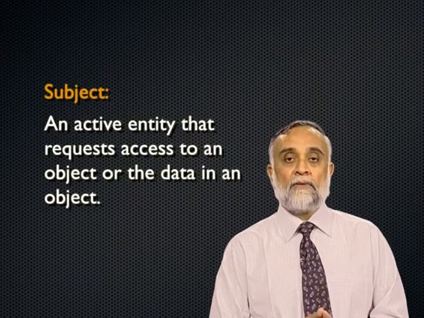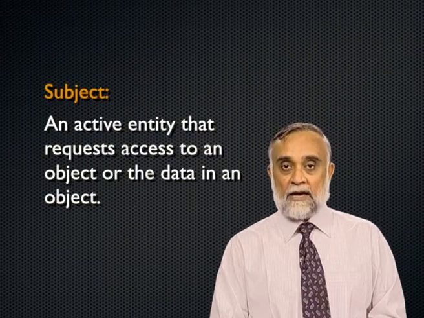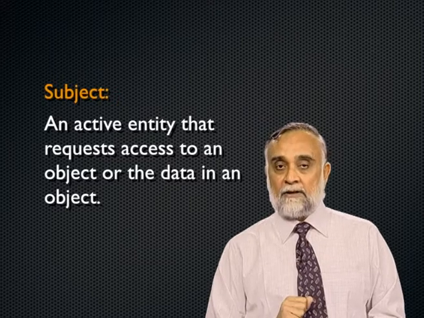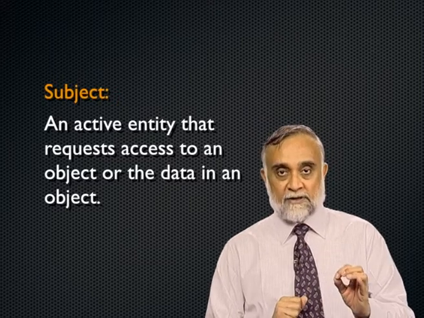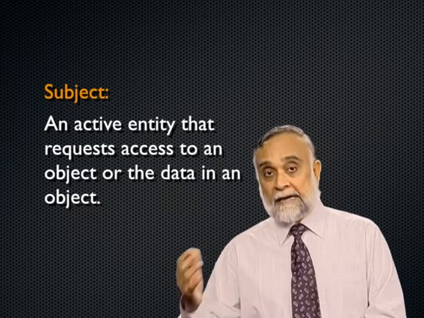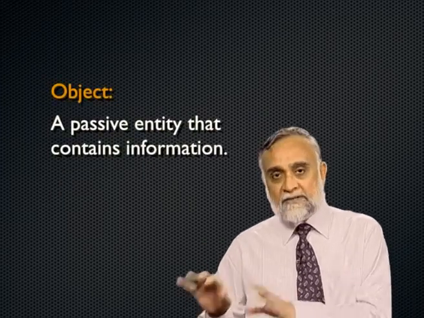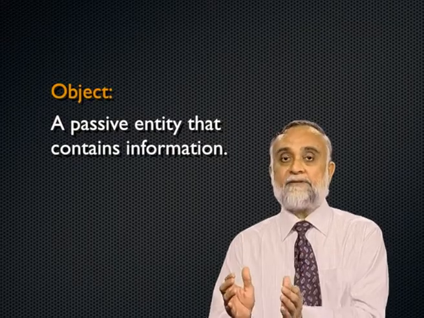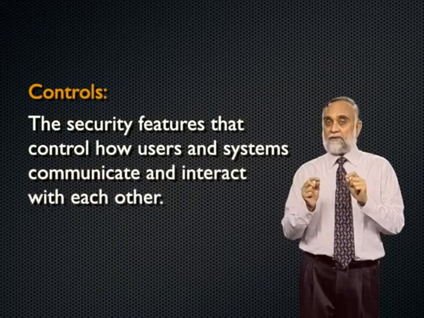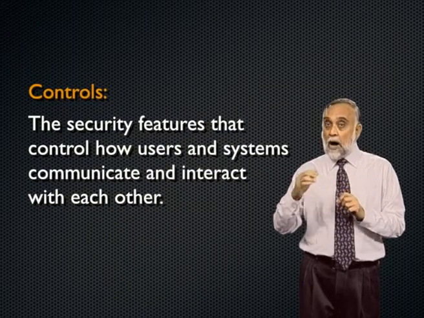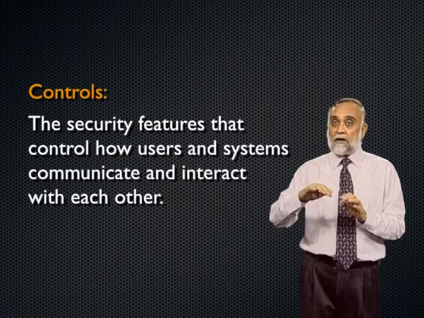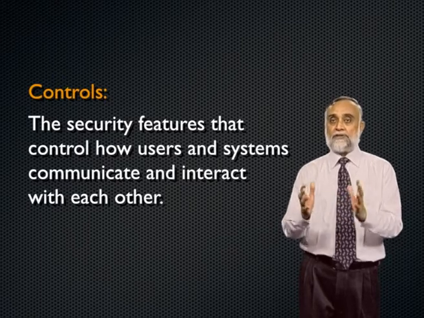Here, subject means an active entity that requests access to an object or the data in an object, and object means a passive entity that contains the information. Controls denote the security features that control how users and systems communicate and interact with each other.